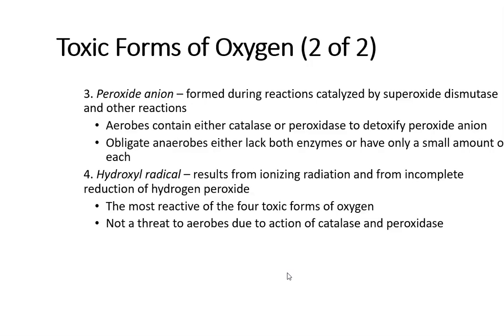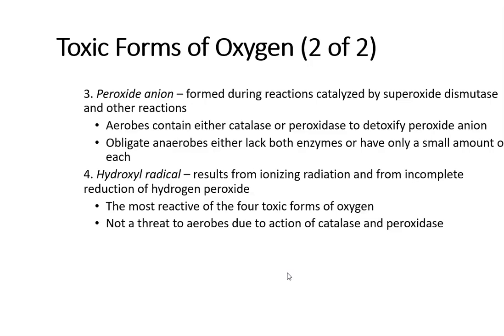The most reactive form of oxygen is this fourth one, which is hydroxyl radical, OH with a negative sign. It results from ionizing radiation, and we'll talk about killing organisms using radiation, or from the incomplete reduction of hydrogen peroxide. It is very reactive.